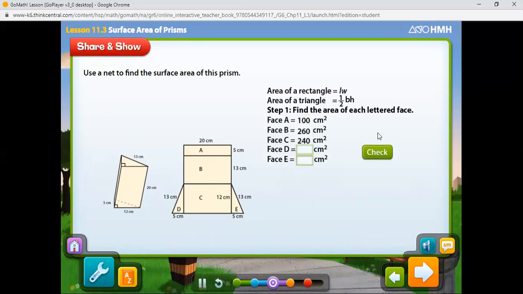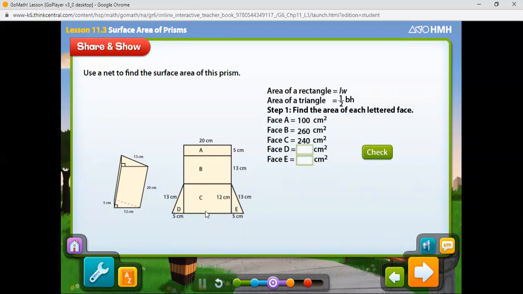Use the formulas to find the area of each triangular base. Okay, so we know the area of a triangle is half BH. So half, the base is 5 and the height is going to be what? Height is going to be 12 because see this side they gave us 12. This is going to be the height of the triangle.